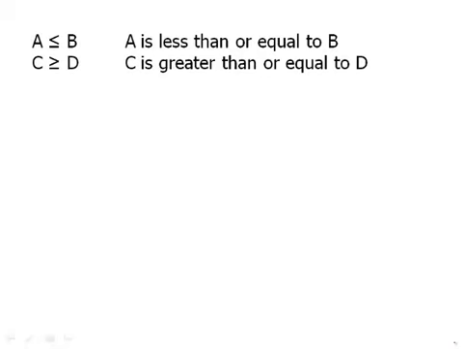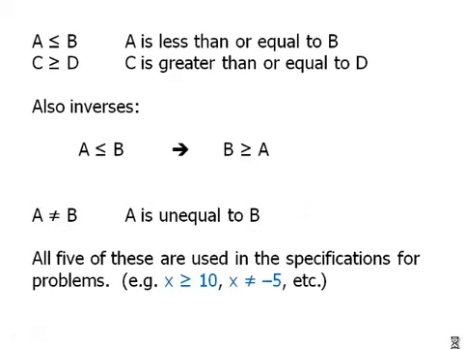So A is less than or equal to B. C is greater than or equal to D. These are interesting because they leave open the possibility that the two are equal or that one is bigger than the other. And again, these are also inverses. If A is less than or equal to B, that necessarily means that B is greater than or equal to A. And finally, A is unequal to B. So either one could be greater or less. All we know is that they don't have the same value.